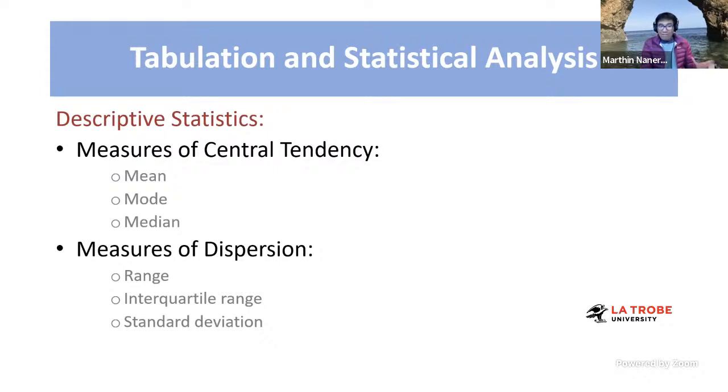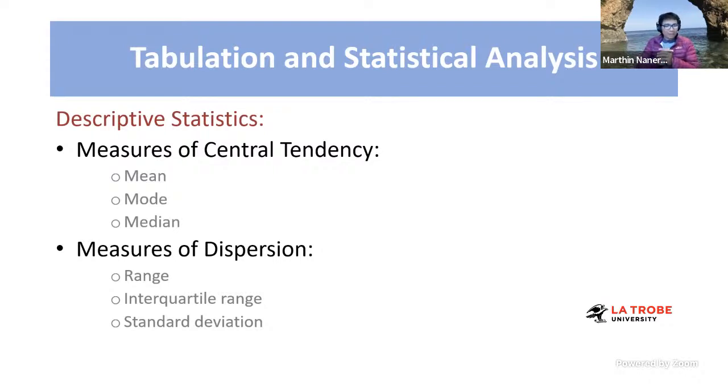What's the mean? The mean is probably the most commonly used average in marketing research. It is the arithmetic average and is calculated by summing all of the values in a set of data and dividing by the number of cases. So it can only be computed from interval or ratio metric data.